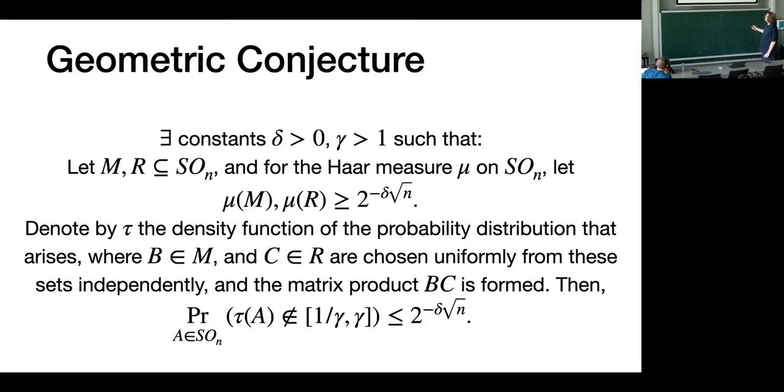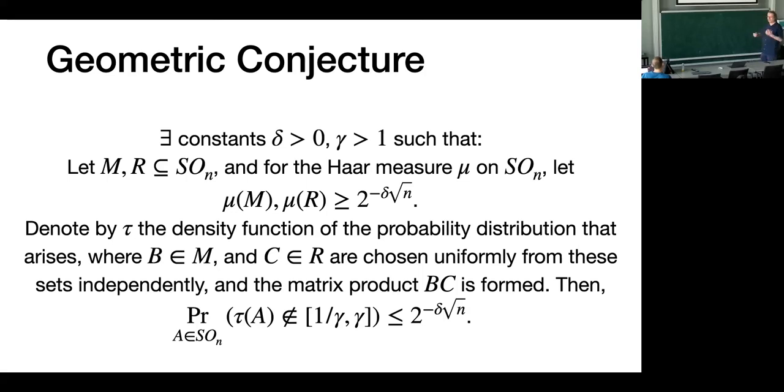So let's say you have M and R subsets of the special orthogonal group, and there's a uniform distribution on these sets, and let's say that M and R are moderately large. They have some randomness in them, but it's not a very big amount.